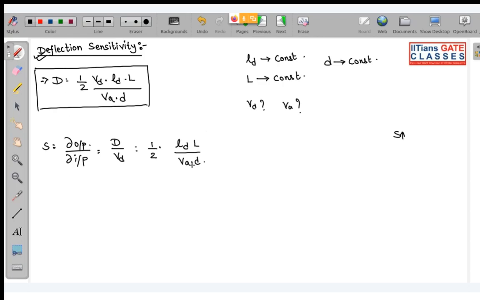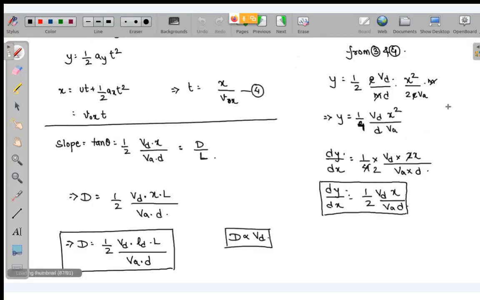I have written everything here. Small l of d is constant, l is constant, d is constant, only one thing is variable, that is VA. So if I want to increase sensitivity, I should decrease VA. Now what is VA? Pre-accelerating anode voltage. If I decrease the pre-accelerating anode voltage, what will happen? Can anyone tell me?